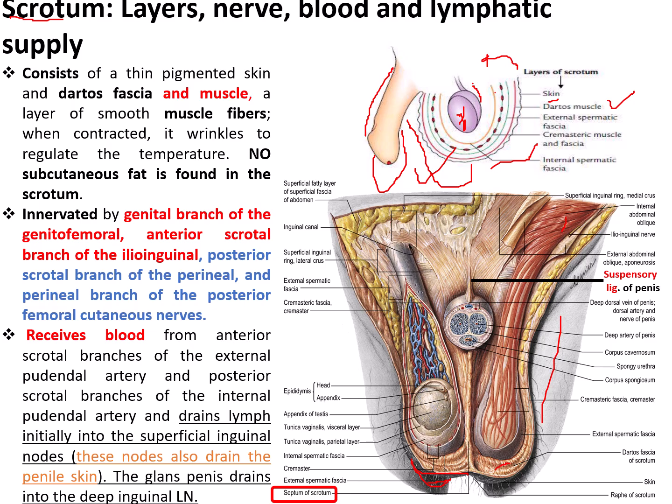The dartos muscle and fascia is smooth muscle which is supplied by autonomic nerves joining the ilioinguinal nerve. Also, this dartos muscle is important for protection and also important to keep temperature around the testis.